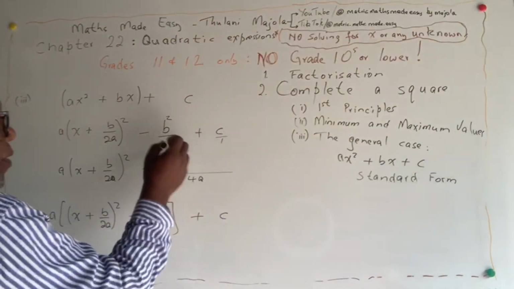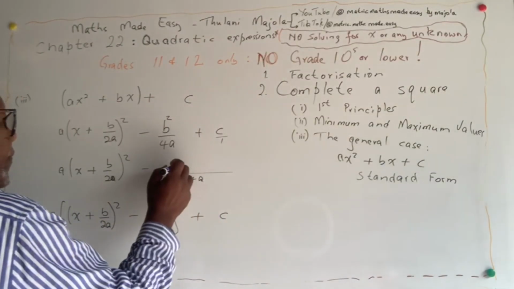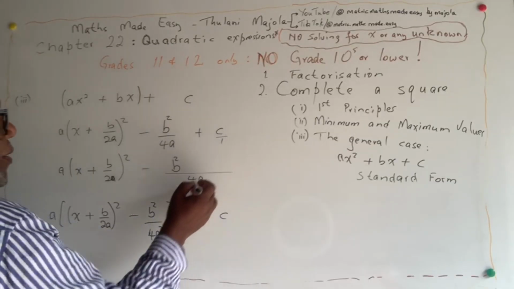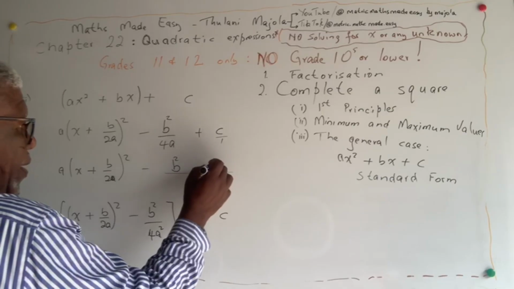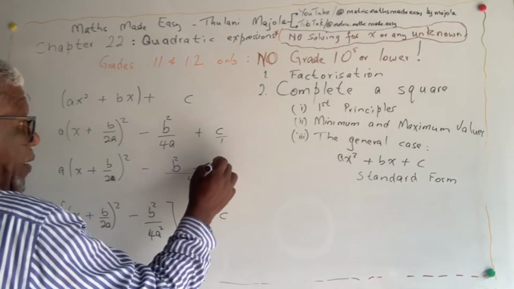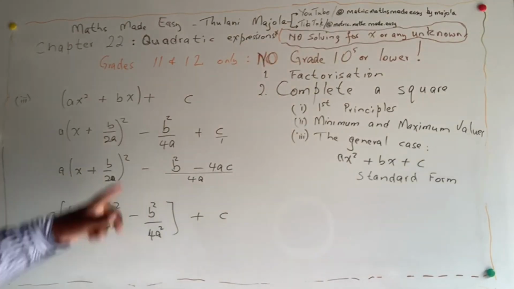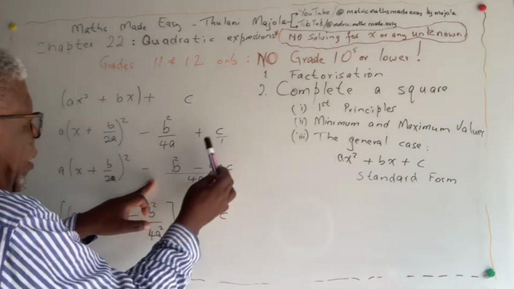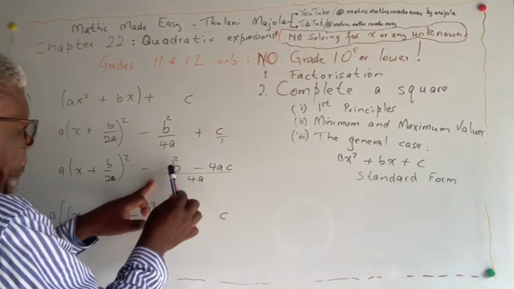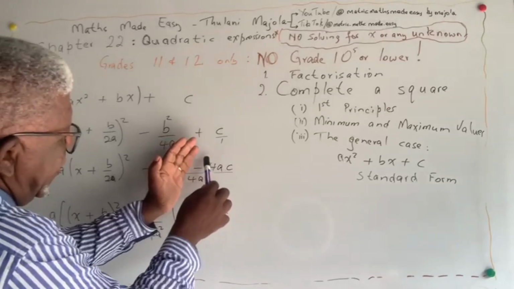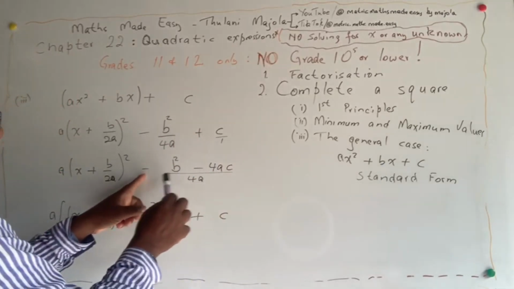How many 4a's are there? There's 1 a, 4a's, then some b squared, and then how many 1's in 4a? There are 4ac. Always check whether you can still simplify. So we've got minus b squared over 4a, and then if you come here, 4a and 4a are going to cancel, and it's going to be positive c.